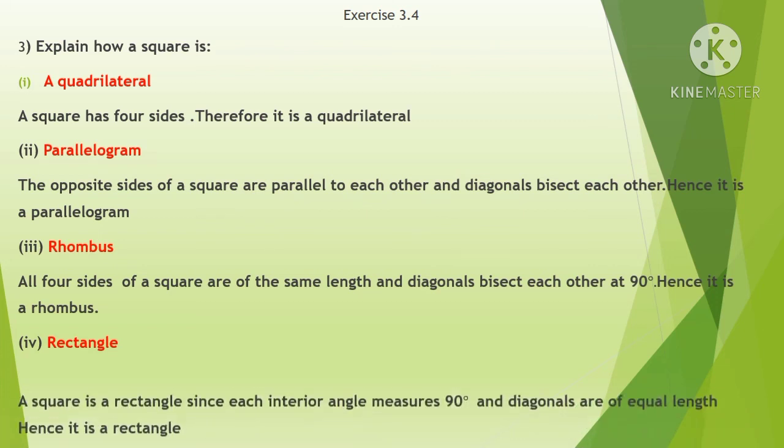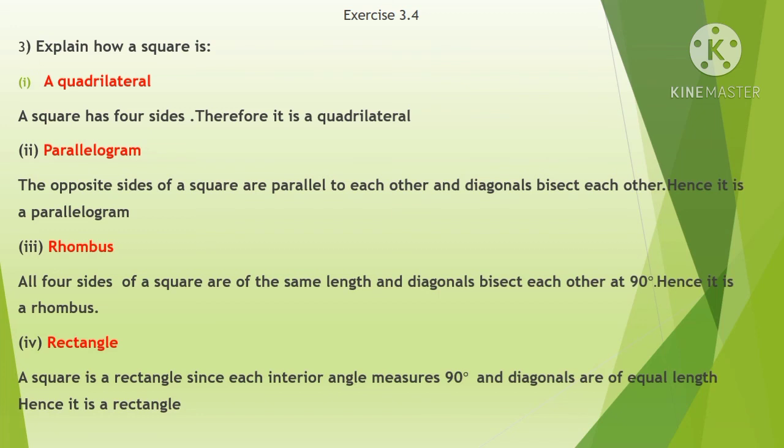It also satisfies the property of a rectangle. A square is a rectangle since each interior angle measures 90 degrees, and the diagonals are of equal length. Here also the diagonals bisect each other. Hence it is a rectangle.